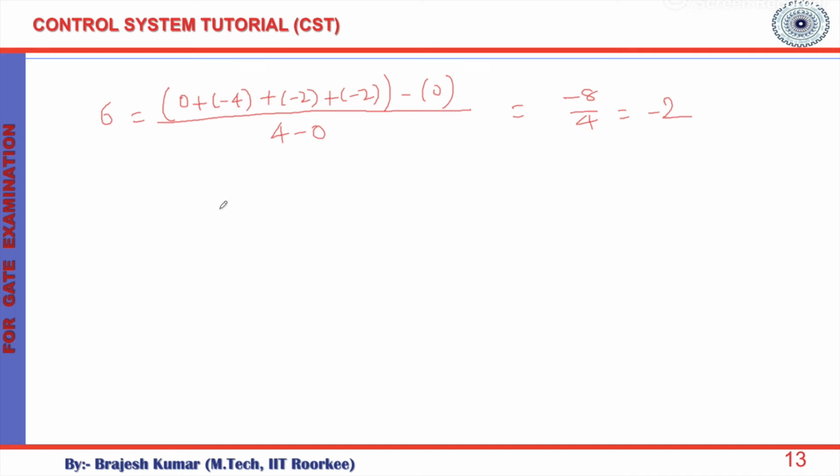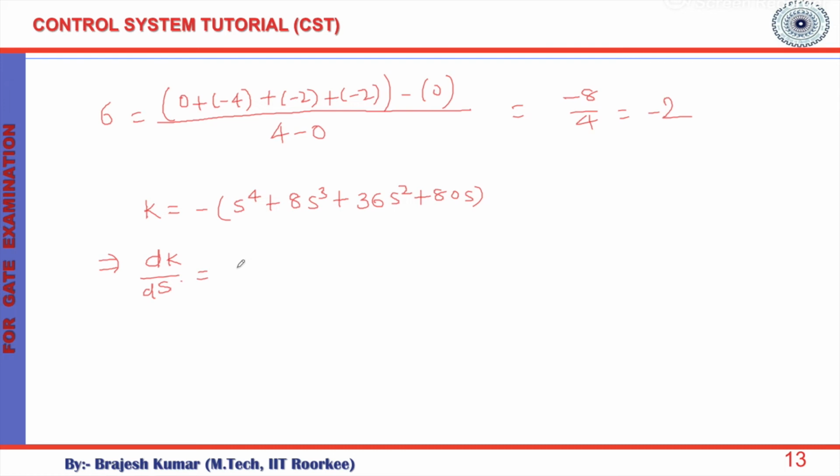After performing those steps, we have k equal to minus s to the power 4, I'm directly writing here, plus 8 s cube plus 36 s square plus 80 s. Since we are interested in finding breakaway points, we differentiate this value of k with respect to s and put this differentiation equal to 0.